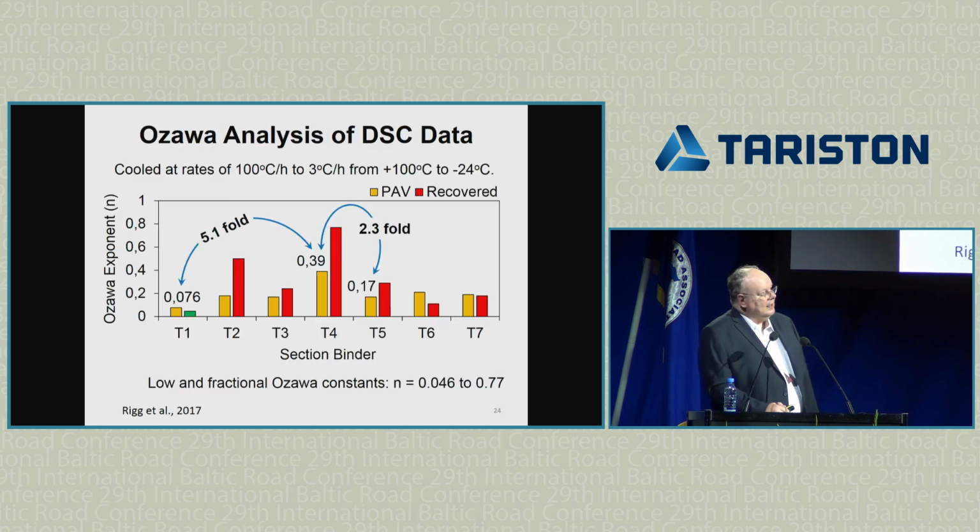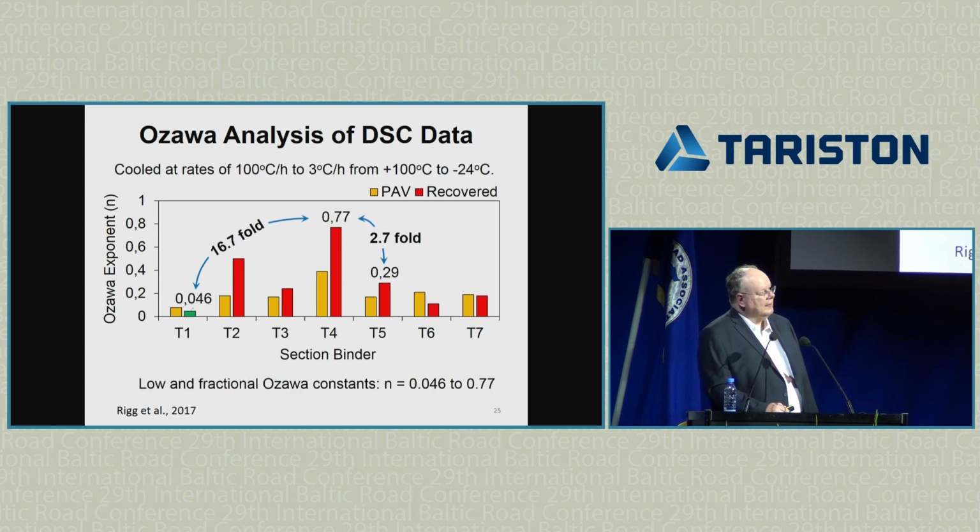So if you look at the Ozawa analysis for the PAV residue, it's better than the regular grading. If you look at the recovered asphalt, it's almost the same as the ARAN ratios of the cracking. So physical hardening can explain the differences in performance for all these test sections fairly well.